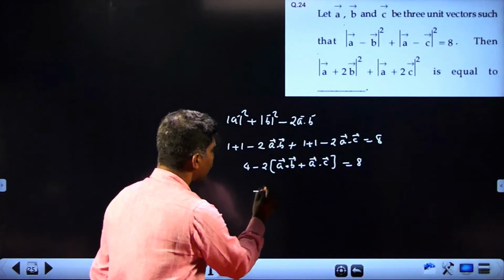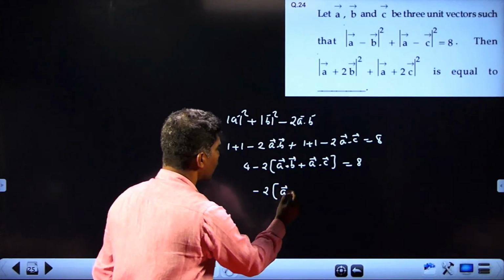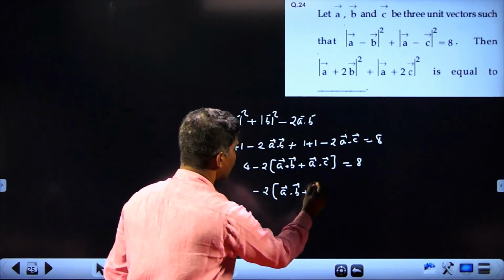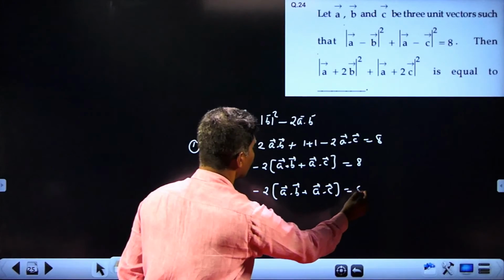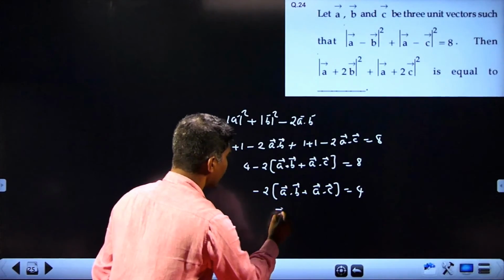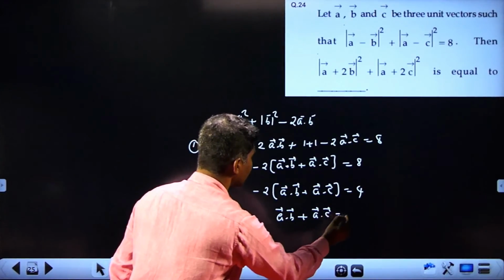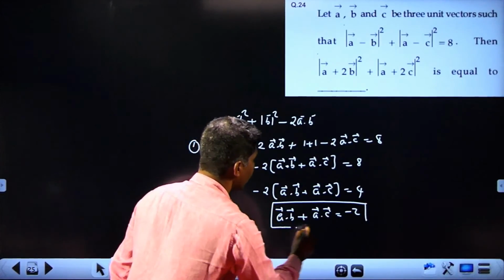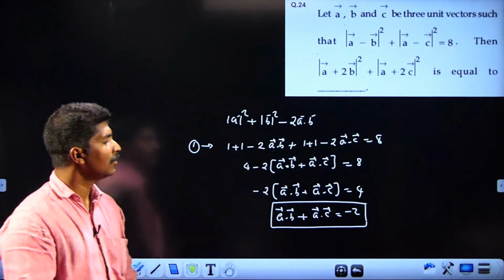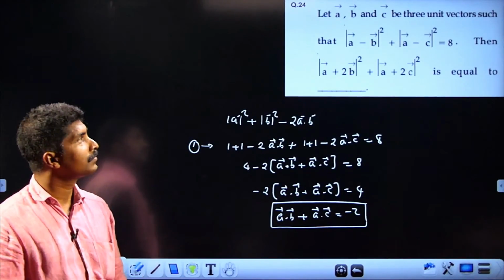Therefore, negative 2 times A dot B plus A dot C, that is equal to 4. Therefore, we will write A dot B plus A dot C is equal to minus 2. You are getting the value of A dot B plus A dot C.